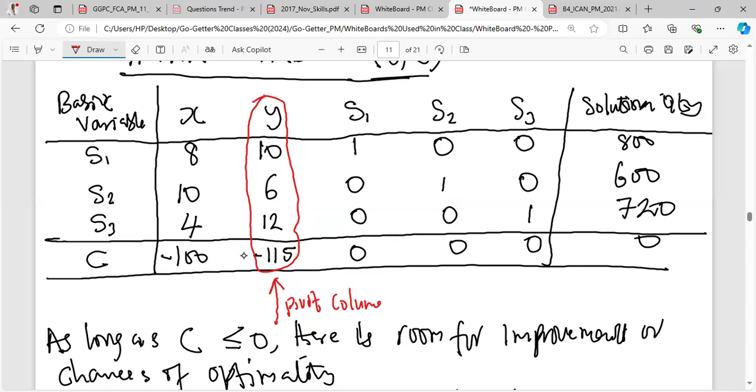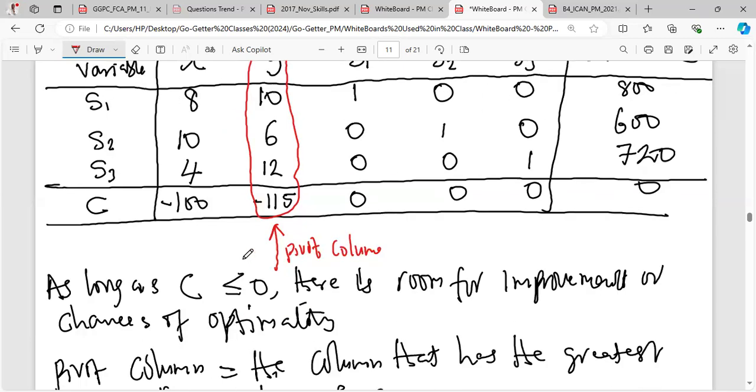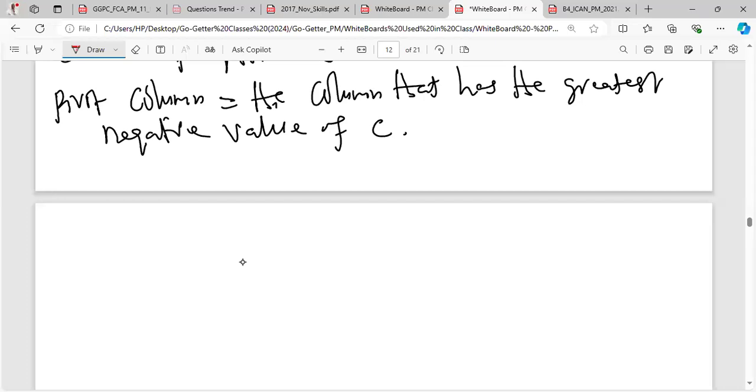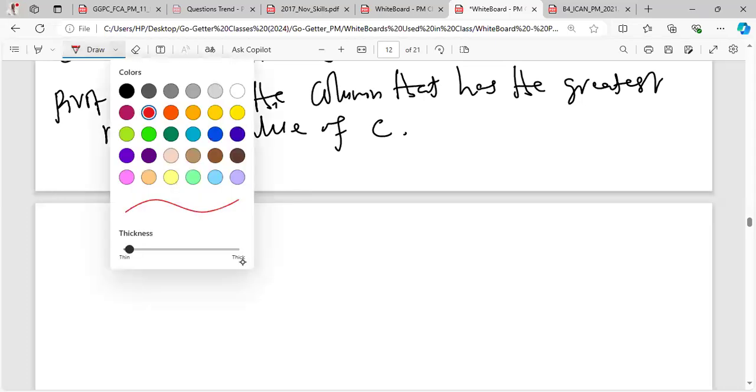The pivot row is the family that is going to give way for the pivot column to take its seat. Now, how do you get your pivot row? This is what you will do. I will say, use another color for the pivot row.